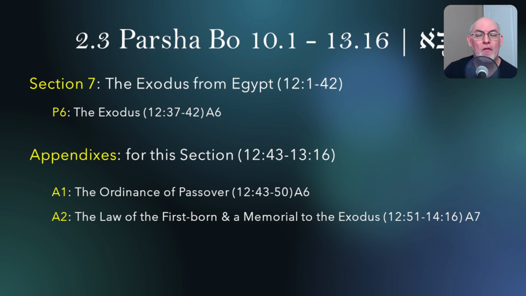That's the reason for these two differences. Because this is Parsha Bo, I ended it at chapter 13:16 because it's the end of this Parsha, but the Hebrew thought actually continues to chapter 14, verse 16.